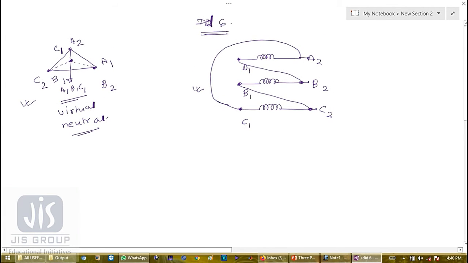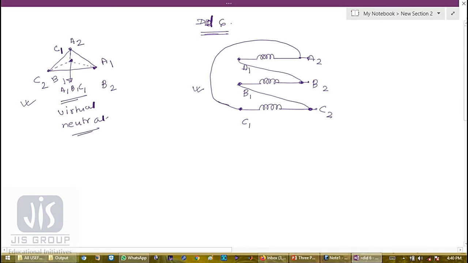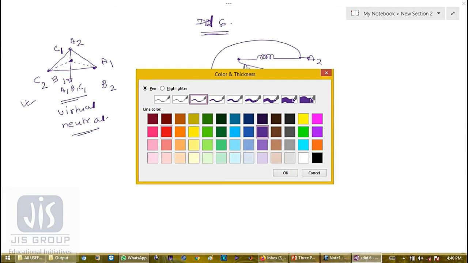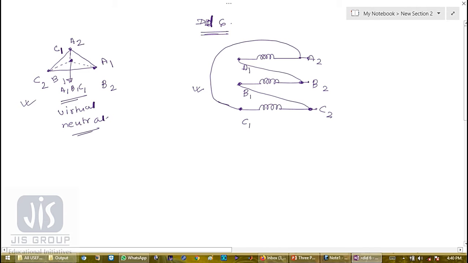Now we will draw the secondary phasor diagram first. In the secondary phasor diagram, it will be an opposite delta. So this is my star, my opposite star connection, and this delta is also the reverse delta.